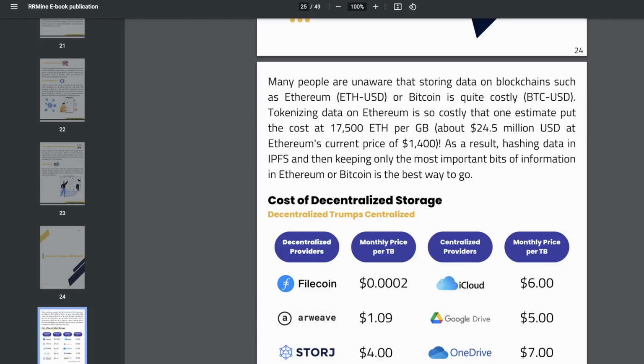Whoa, okay, just for 1 gigabyte. As a result, hashing data in IPFS and then keeping only the most important bits of information in Ethereum or Bitcoin is the best way to go.